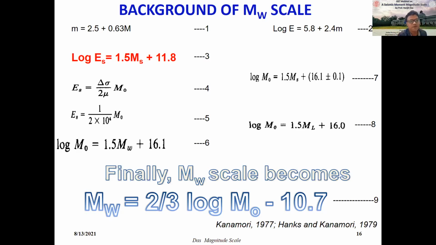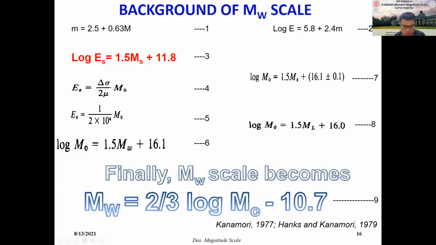And now he reversed equation 6, just reversing equation 6, bringing 1.5 to the right hand side. Then he made MW = 2/3 log of M naught - 10.7. So this is the equation given by Hanks and Kanamori. And considering equation 1 and equation 2, putting in equation 3, which is an equation for energy versus magnitude, in this equation M naught is not the observed seismic moment.